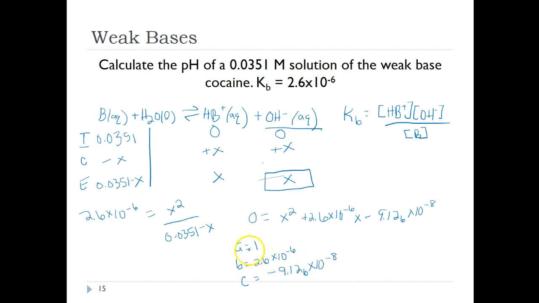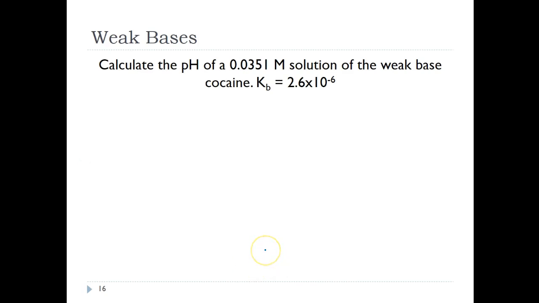So what I need to do is put this into the quadratic formula to solve. So flip into the next slide. What I'm going to do is take those A, B, and C values and plug them into the quadratic formula. So negative 2.6 times 10 to the negative 6th plus or minus the square root. B squared, so 2.6 times 10 to the negative 6th squared.